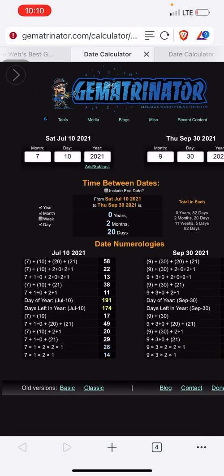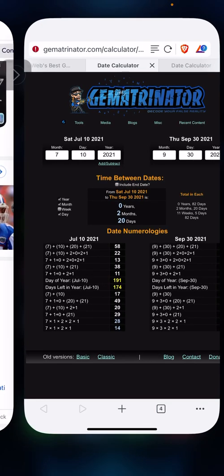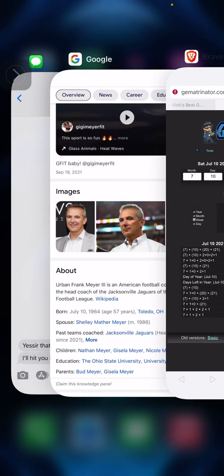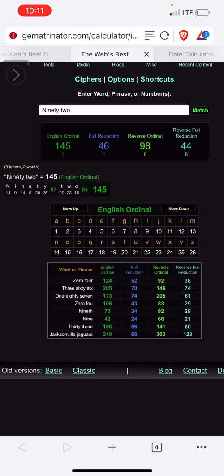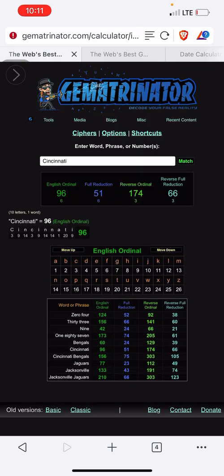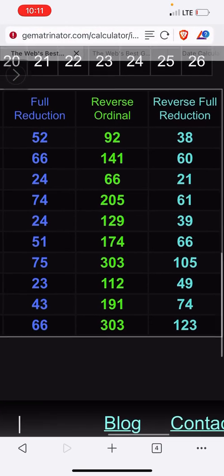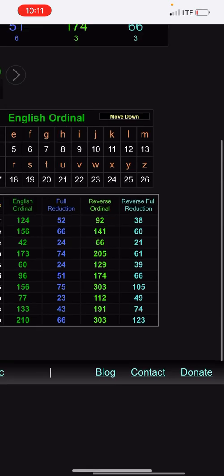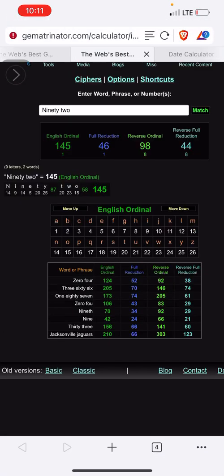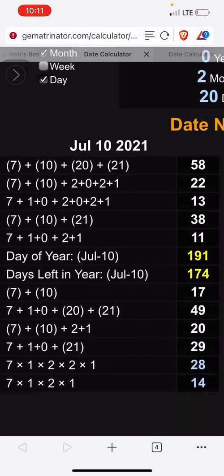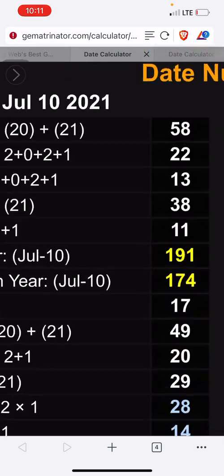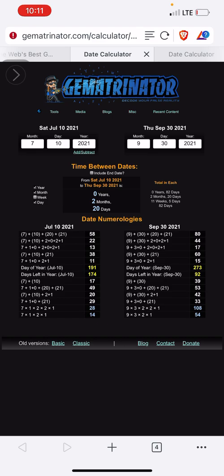And that guy's birthday for the Jaguars is on a day that leaves 174 days left in the year. And Jacksonville Jaguars sums to 191. They might have just done that because he was born on the 191st day of the year. But yeah, that's all I got for you guys.